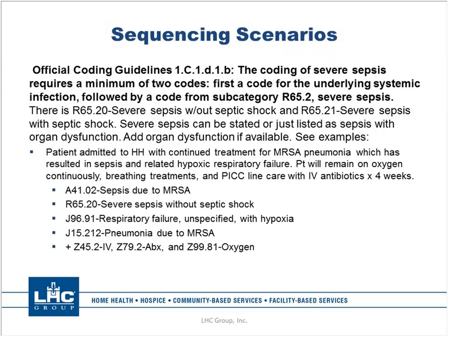So let's look at an example. Patient admitted to home health with continued treatment for MRSA pneumonia, which has resulted in sepsis and related hypoxic respiratory failure. Patient will remain on oxygen continuously, breathing treatments, and PICC line care with IV antibiotics times 4 weeks. 4 weeks is not a normal antibiotic cycle. That's long.